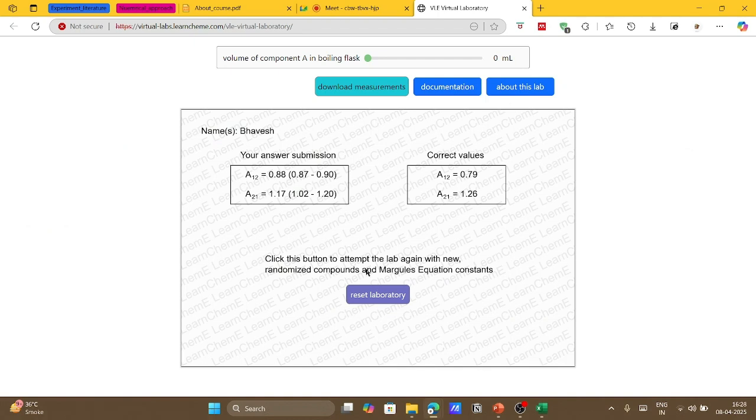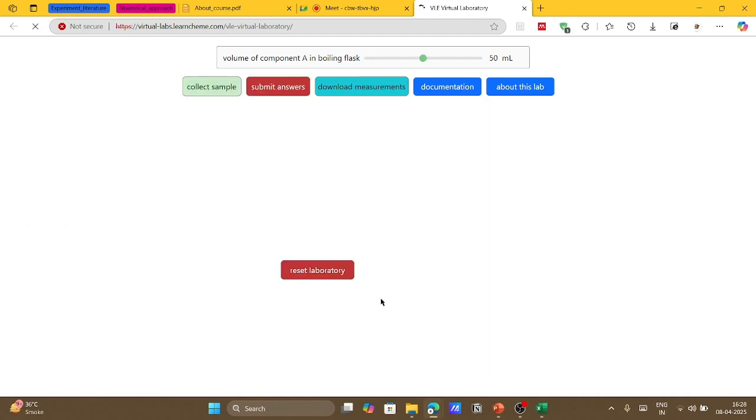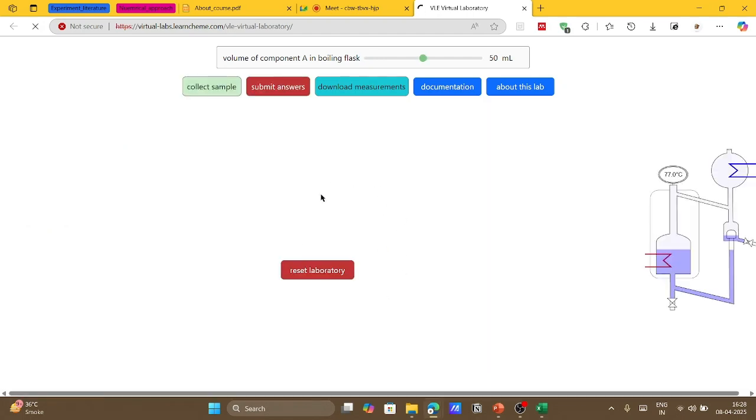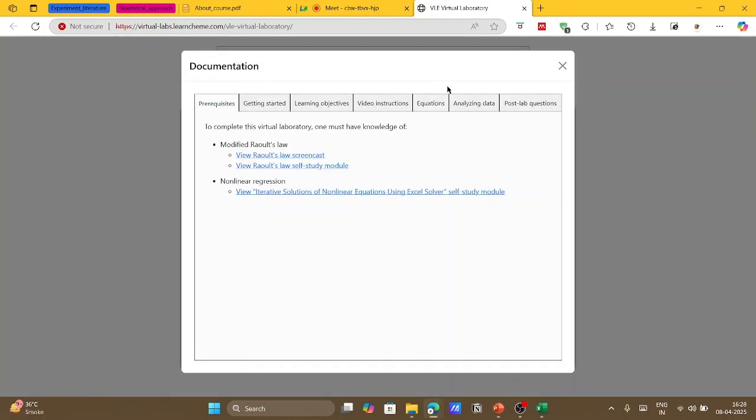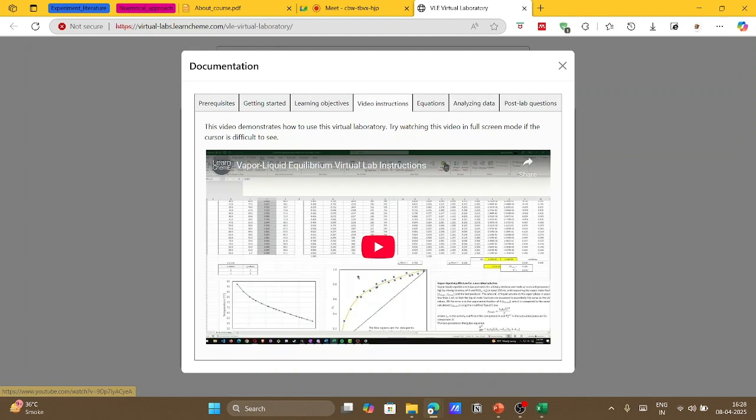Once you are done with the experiment, just reset the laboratory, and then you will start with a fresh data set, fresh A and B components and corresponding Margules parameters. Now in the documentation, in the video instruction, you will find the 95% upper and lower limit.